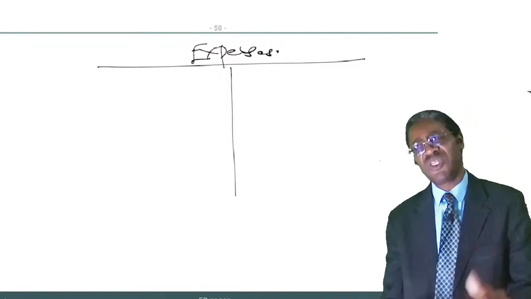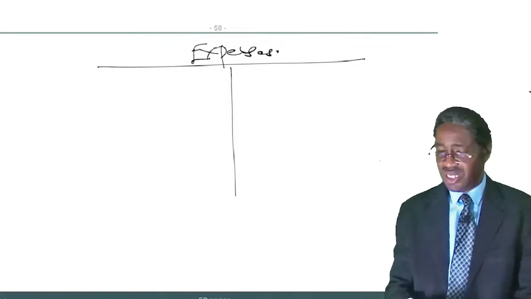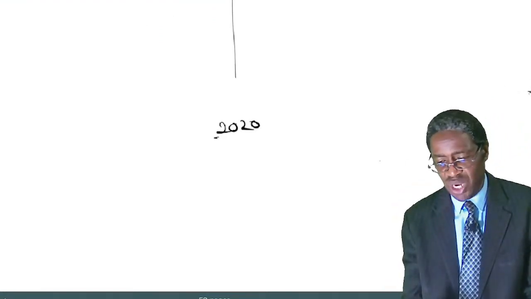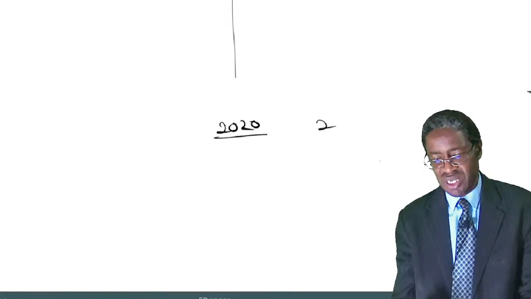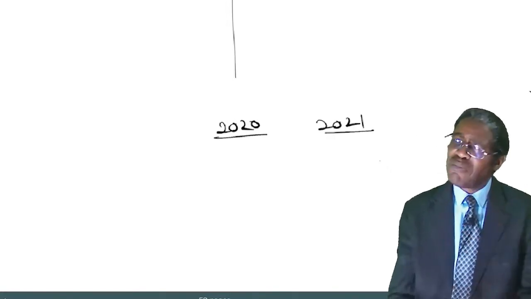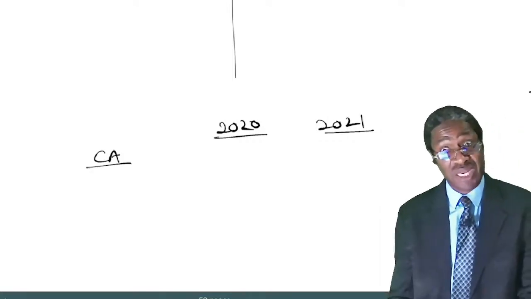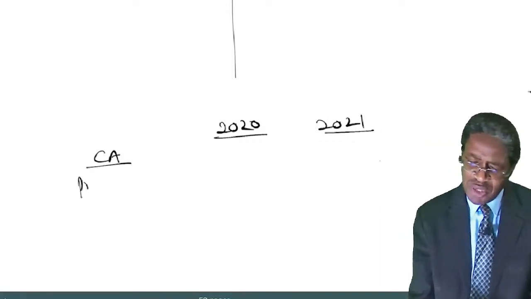So let's start feeding. Listen, you go to the balance sheet, for example. Every question on cash flow, listen, will give you two balance sheets. Let us assume one for last year, 2020, another one for this year, 2021. Then, among your current assets in your balance sheet, maybe you had a prepaid insurance.